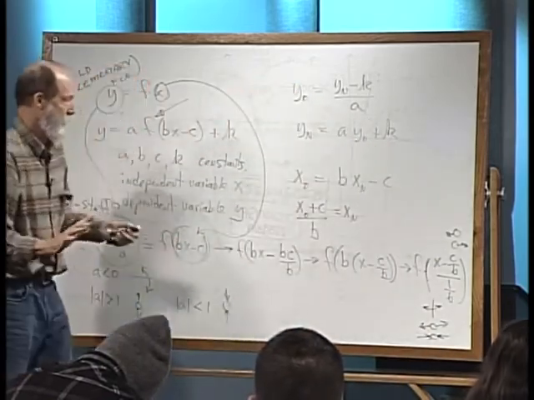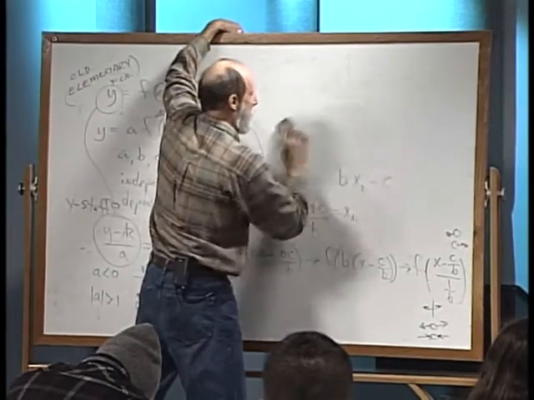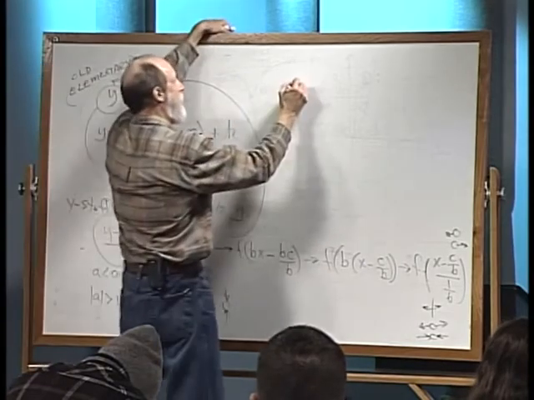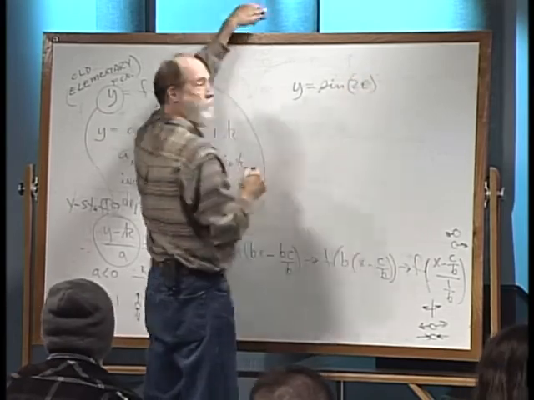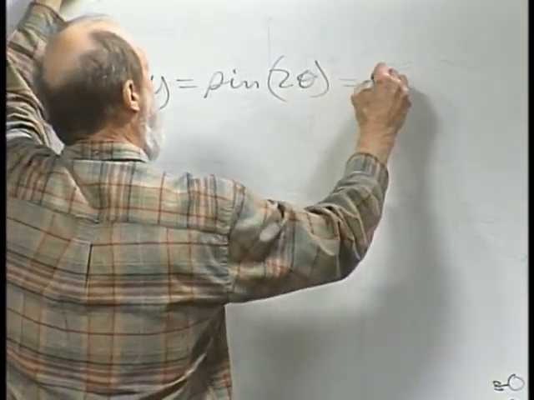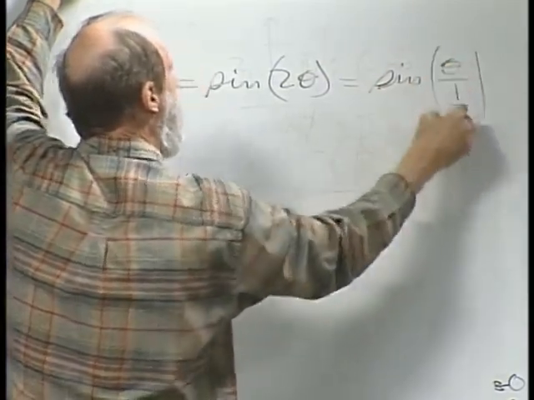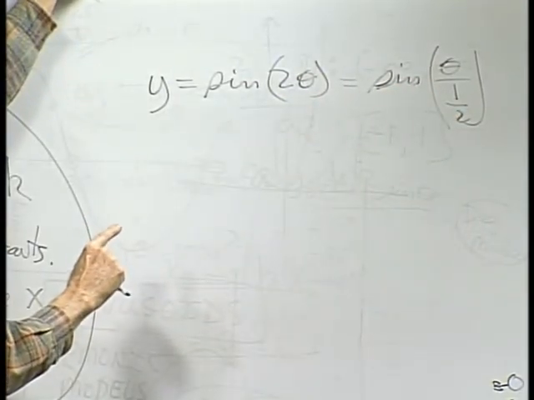And just so that you don't feel totally baffled by that, what I would like you to observe, to tie this to what we've done today, is what if I had something like this? Y equals the sine of 2 theta. Take it back to something not as complex as what you're seeing down here. If I would rewrite that, isn't that the same algebraically as the sine of theta over 1/2? Isn't this the same as this? Okay.